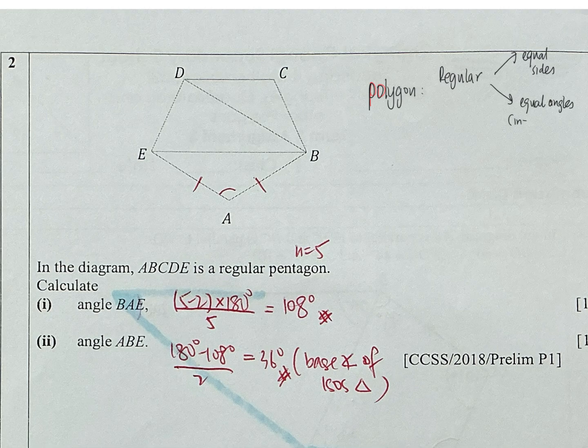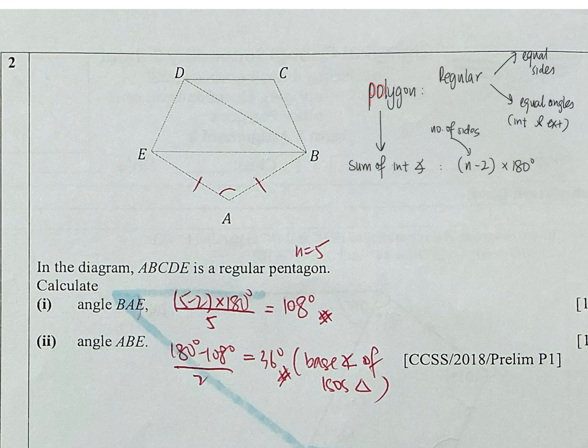Can be interior equal, exterior also equal. The formula for polygon, sum of all the interior angles is always n minus 2 times 180. N is the number of sides you have.